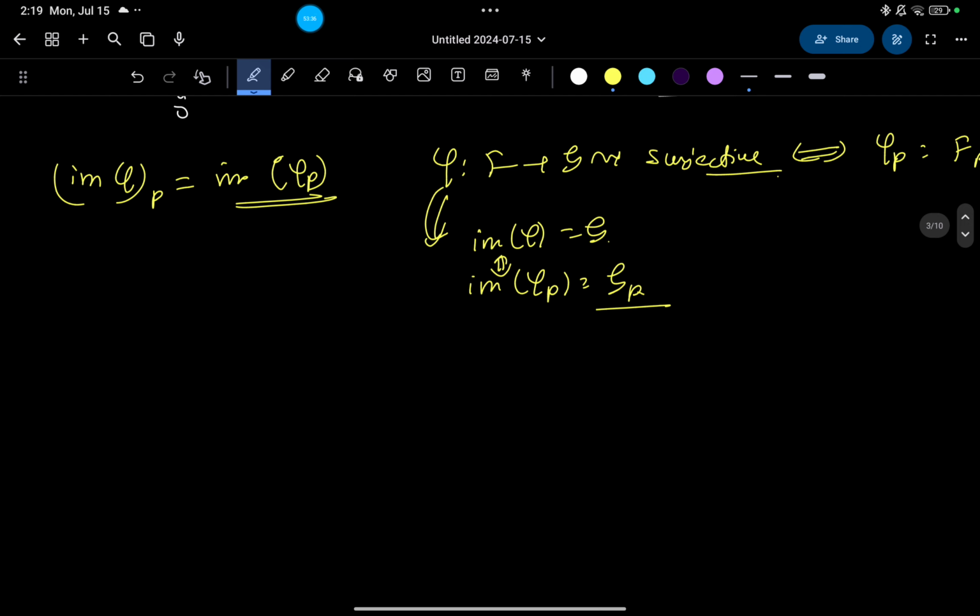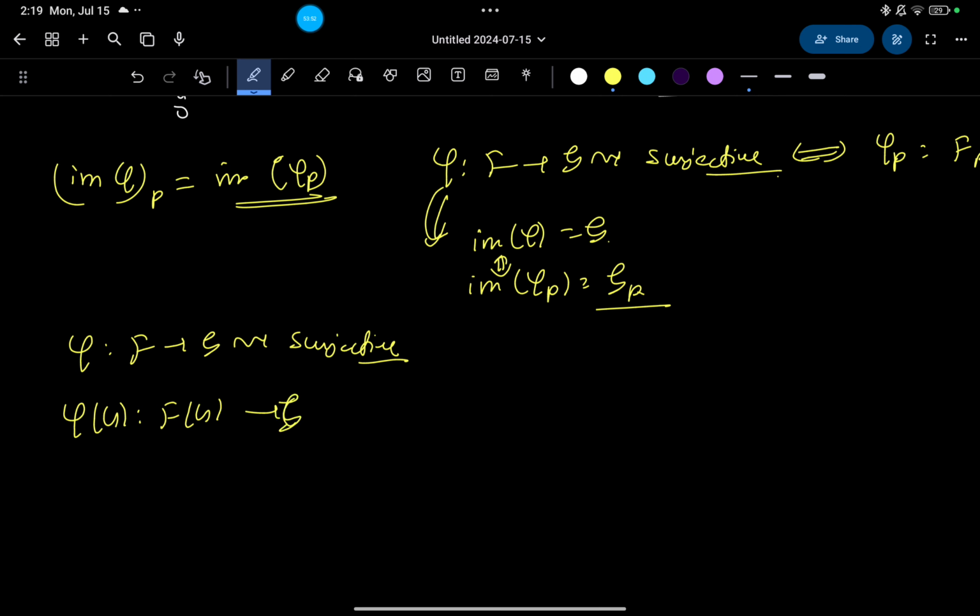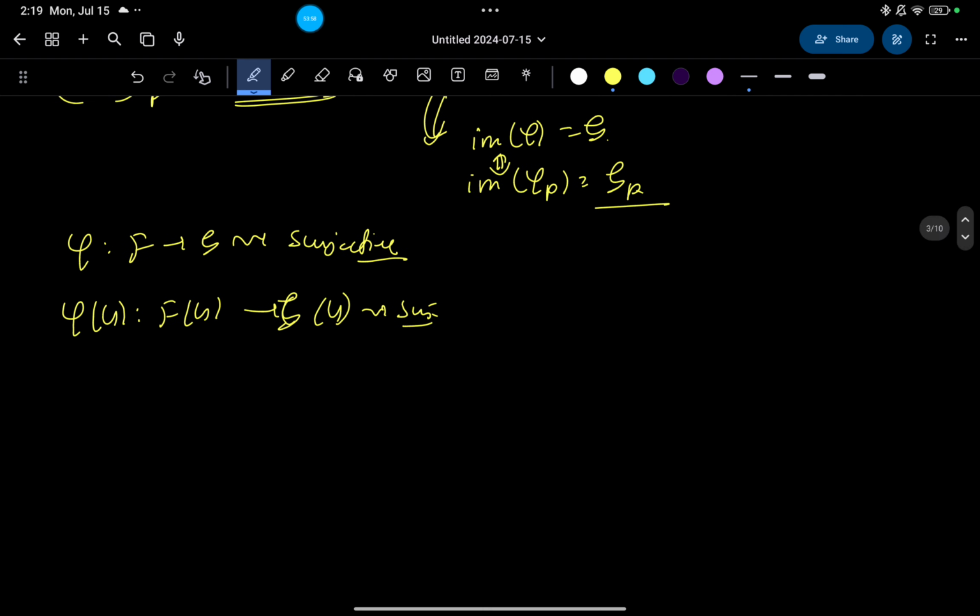Again, suppose we have phi from f to g, this is surjective. So who can tell me that fu to gu, this is surjective? Let us verify whether it is possible or not.